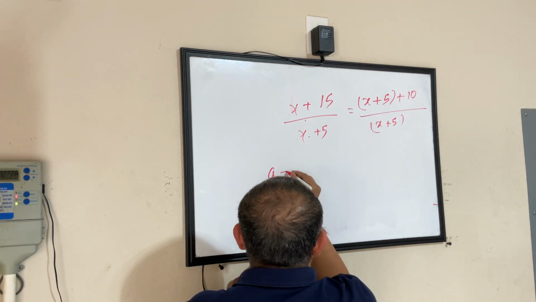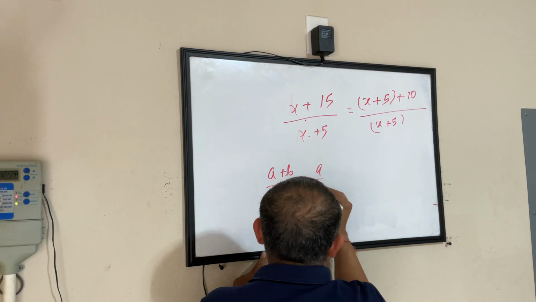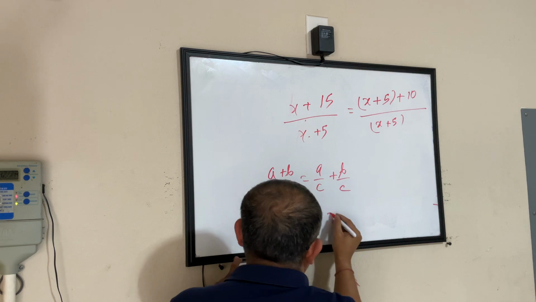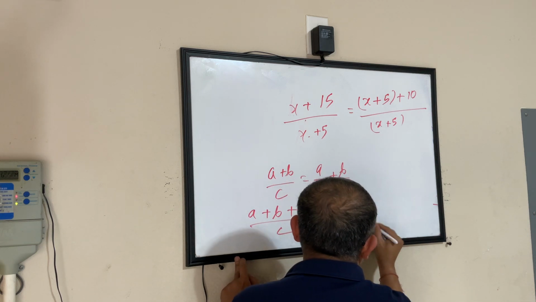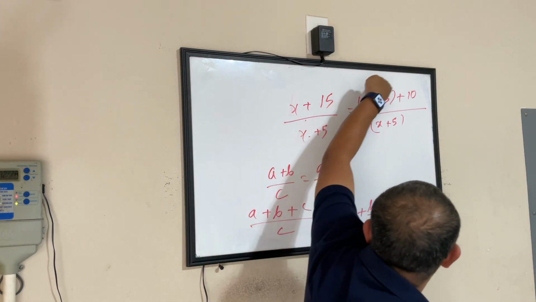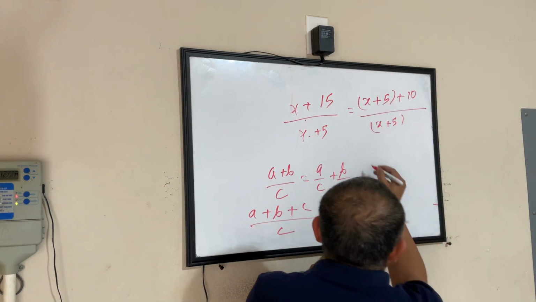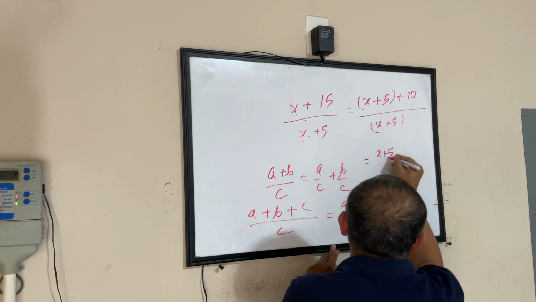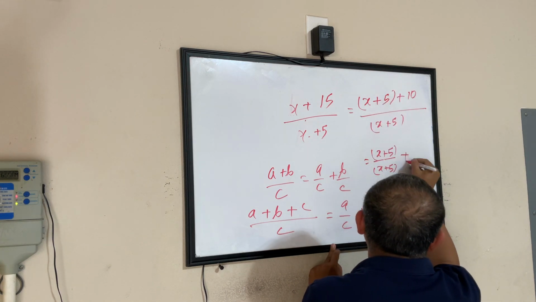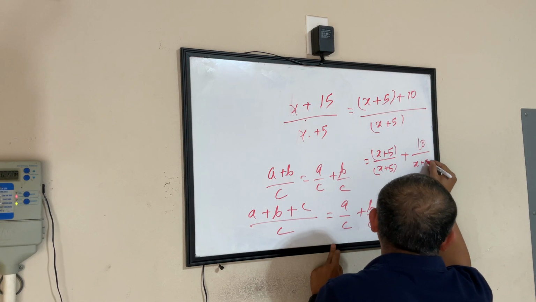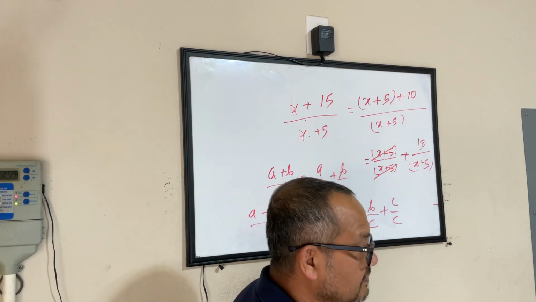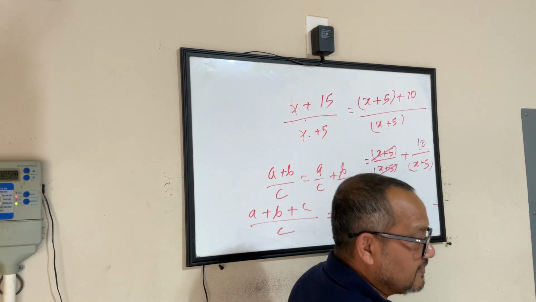This is like A plus B by C is nothing but A by C plus B by C. Tomorrow if you have A plus B plus C by C, then it becomes A by C plus B by C plus C by C. Here you have A plus B, and this is your A. So now you can break it as x plus 5 by x plus 5, and these two things are similar. At least you will get one simple value, plus 10 by x plus 5. These two you can do tic-tac-toe together, not x by x and 5 by 5. You are doing x plus 5 by x plus 5.